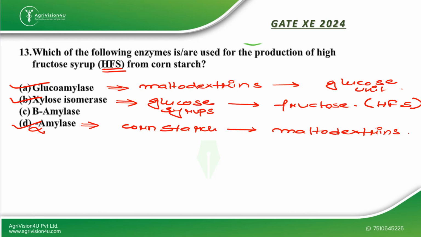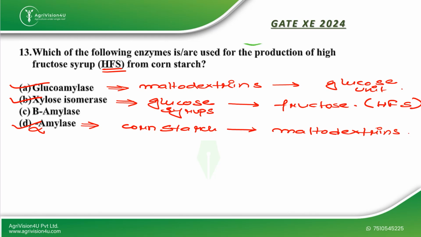So cornstarch will convert to maltodextrin, shorter units of glucose, then glucoamylase enzyme will convert maltodextrin into glucose syrups, means glucose units, and then this glucose syrup will be further converted by xylose isomerase to fructose, that is HFS. So over here my correct option will be option number A, B and D.